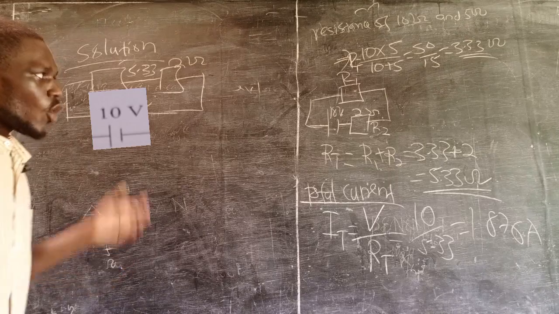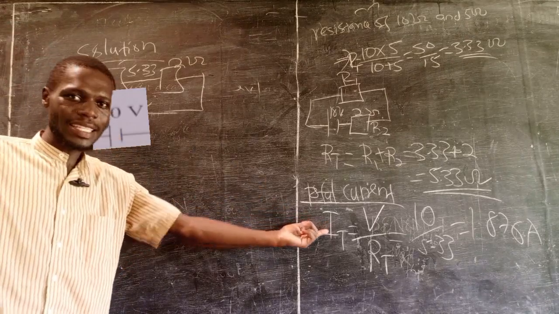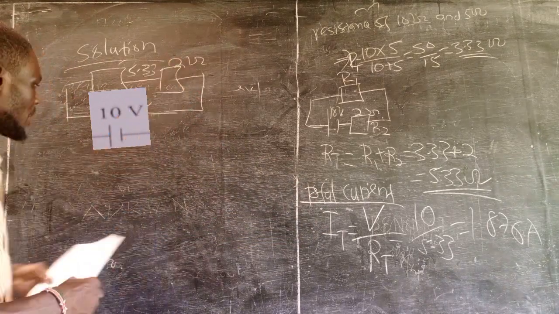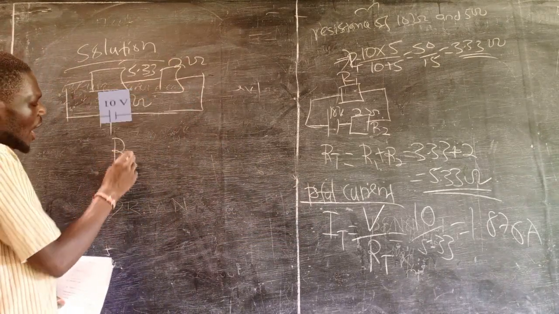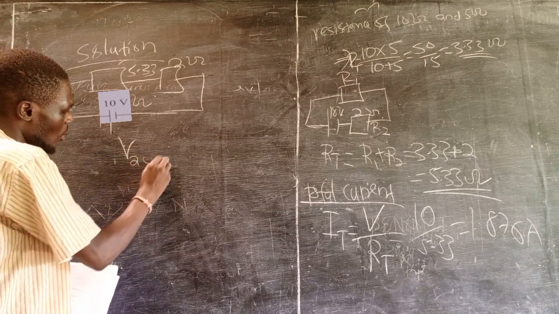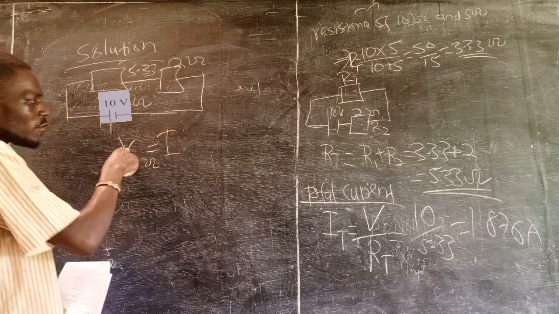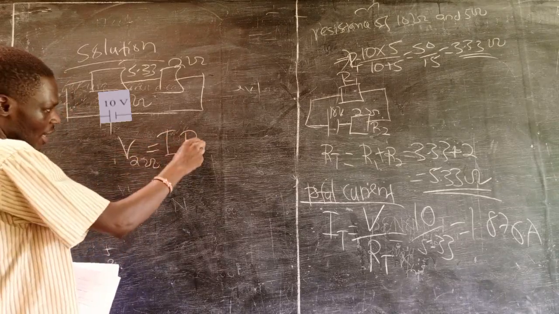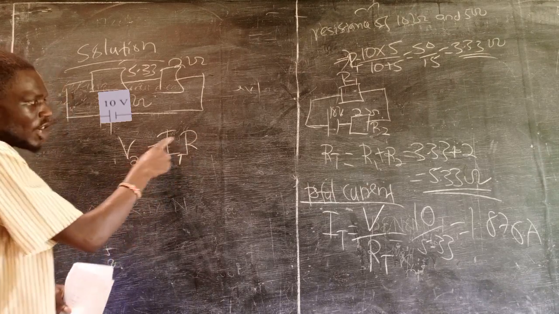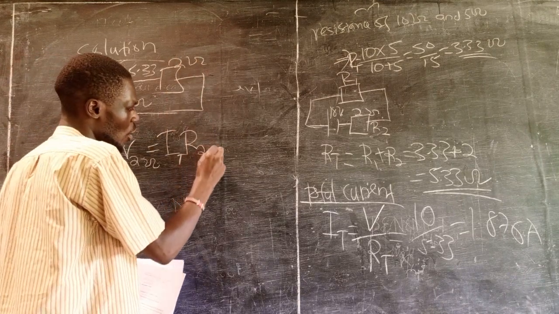Since we already calculated the total current, the voltage across the 2 ohm resistor is given by V equals I R, the total current multiplied by the 2 ohm resistance.